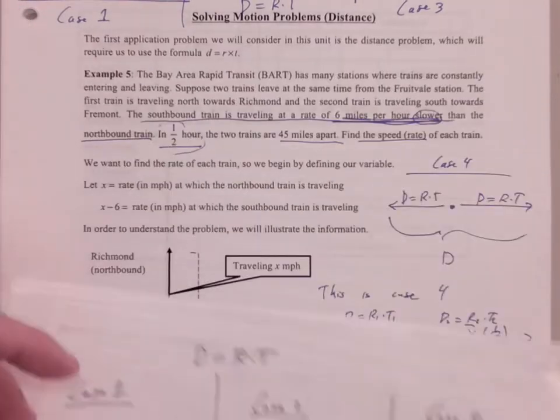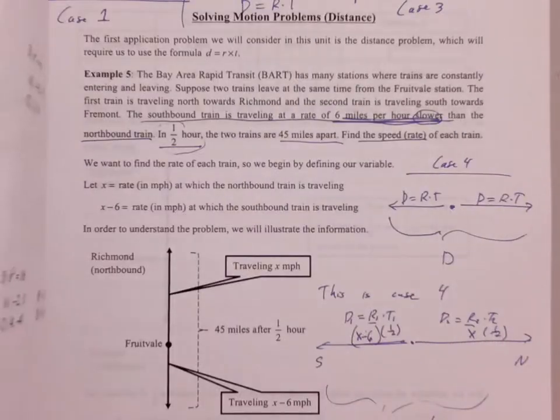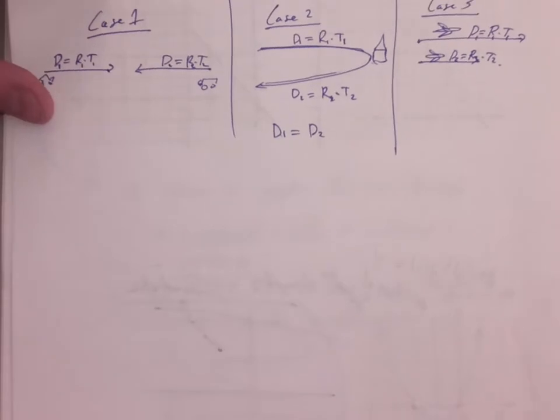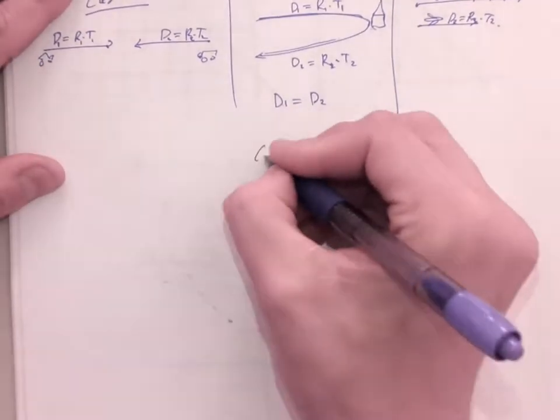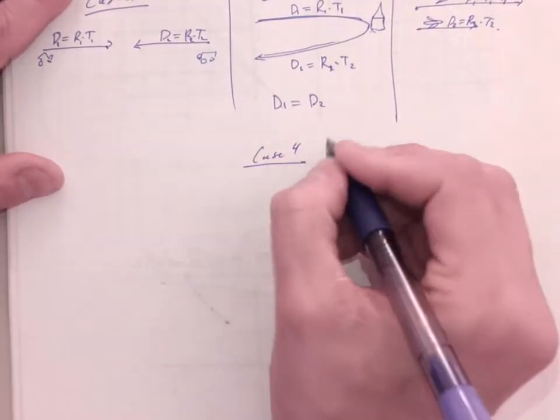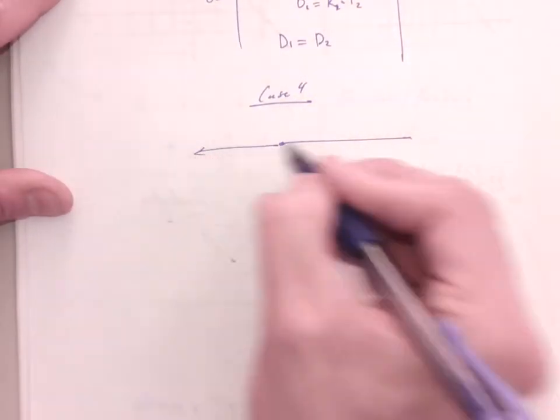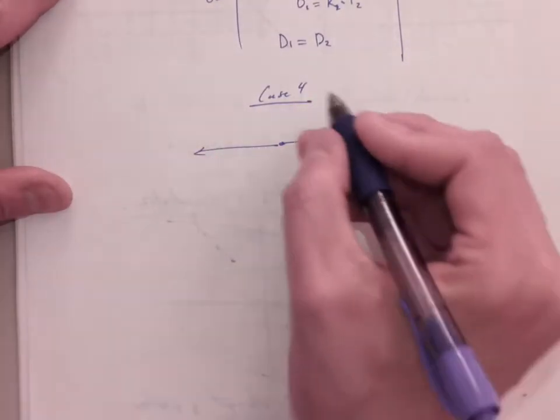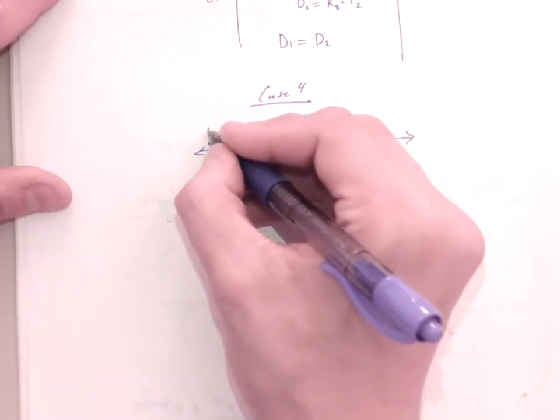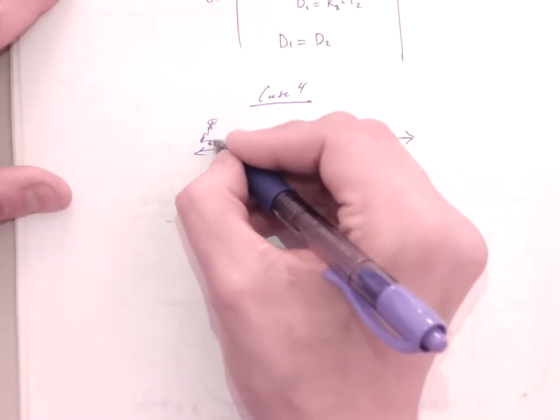And the last case is going to be when we have 2 things. Let's do case number 4. So case 4 is when we have 2 objects and they're going away from each other. Maybe it's a car, maybe there's some trains, a locomotive of some kind.